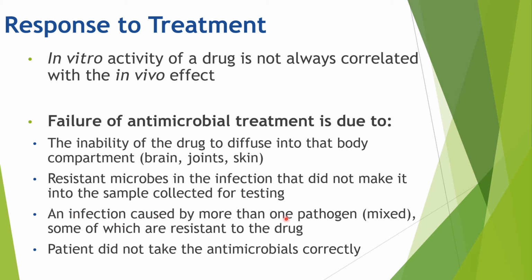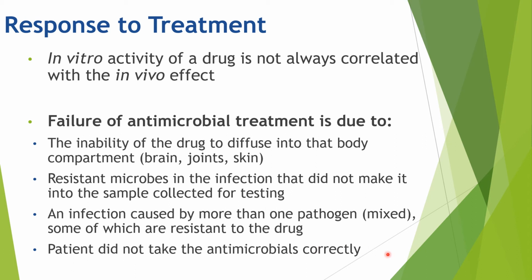Let's say that they have more than one pathogen. If they have more than one pathogen and you prescribe a specific antibiotic, and that antibiotic doesn't target the other pathogen group, then the antibiotic is not really going to work that well. Or maybe the individual is not even taking the antimicrobials correctly. And antimicrobials could be anything, it doesn't always have to be an antibiotic, but that's what we are mostly focused on.